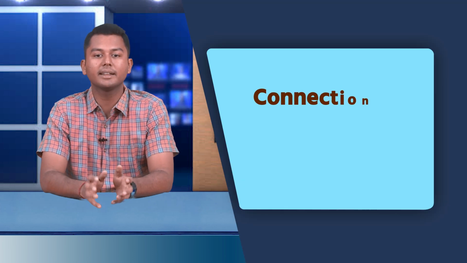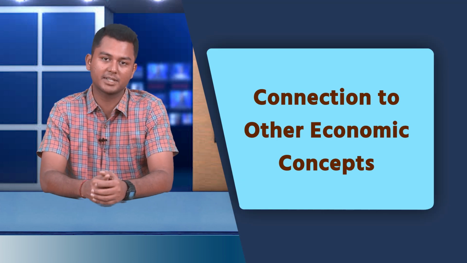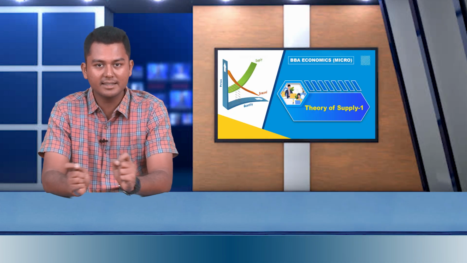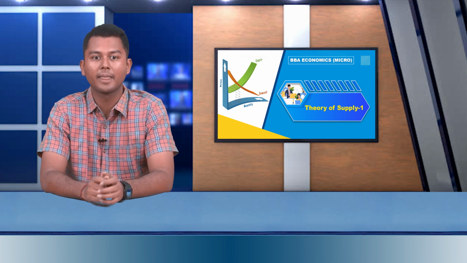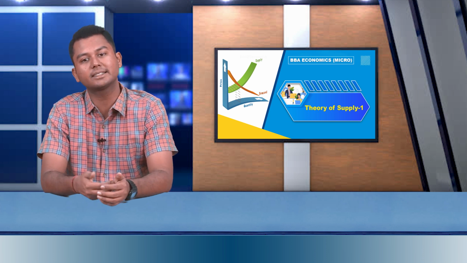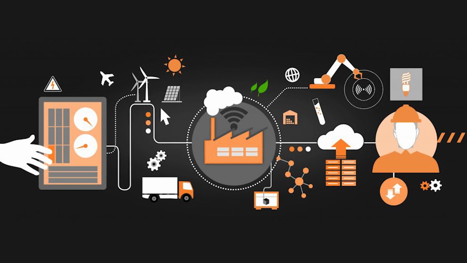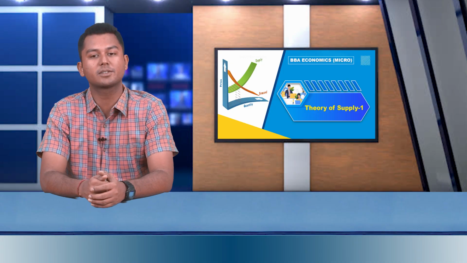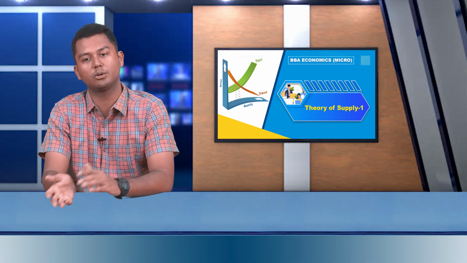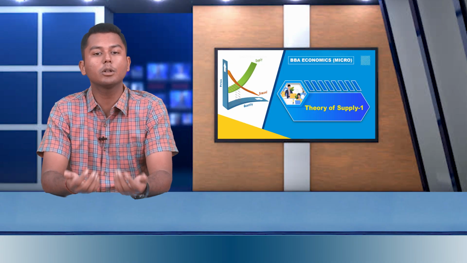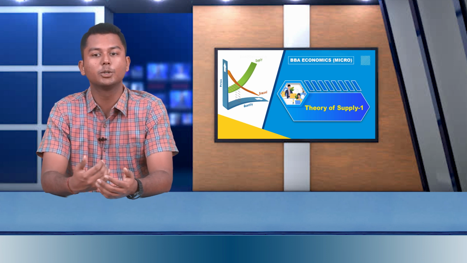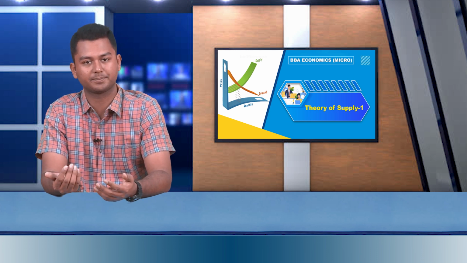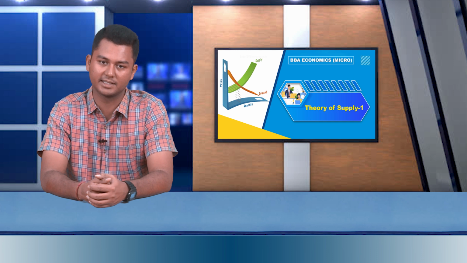Connection to other economic concepts is also part of the entire theory of supply. Basically, supply theory connects closely with production theory, examining how firms transform inputs into output. It also links with cost theory, showing how production costs influence supply decisions.